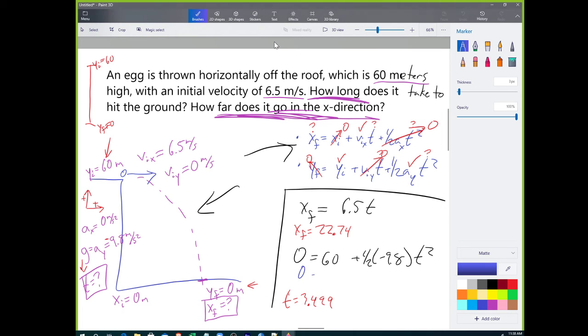Let me go ahead and get that ready now. Go ahead and take the square root, because I'm running out of room.